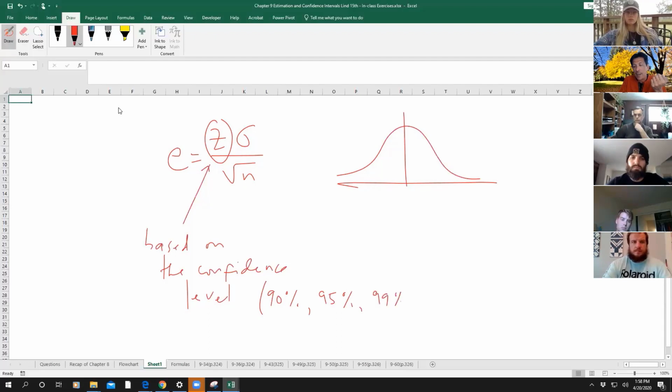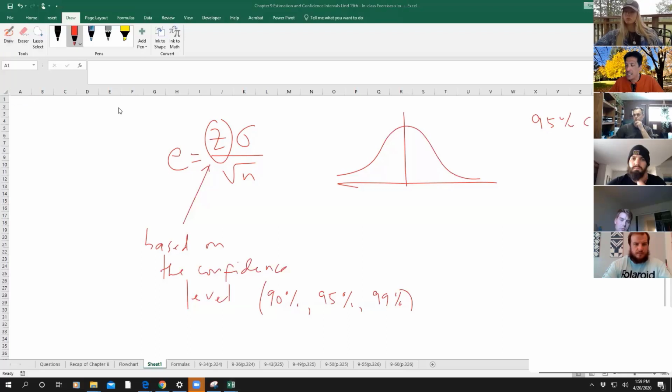These are the typical confidence levels. So let's say that you are trying to compute a 95% confidence interval for the mean, an unknown population mean.